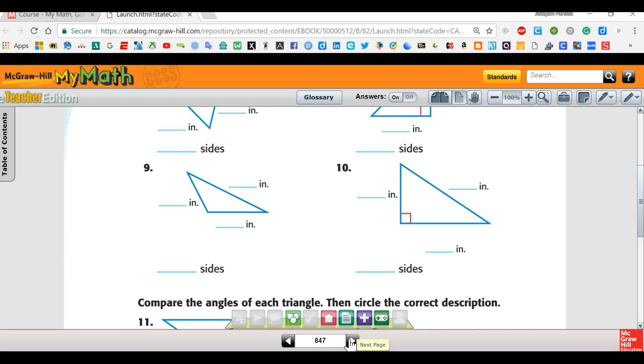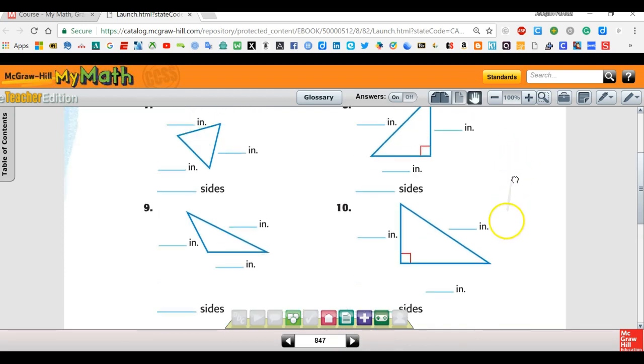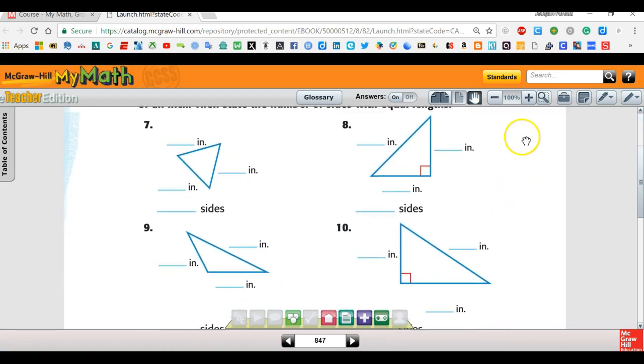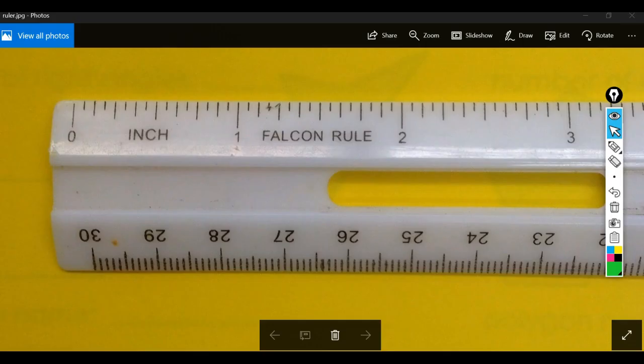Go on to the next page. Can you do 7, 8, 9, and 10? Okay, this is a picture of your ruler. Now when it's every fourth line, this line right here, that's the fourth. Okay, let's make it darker.